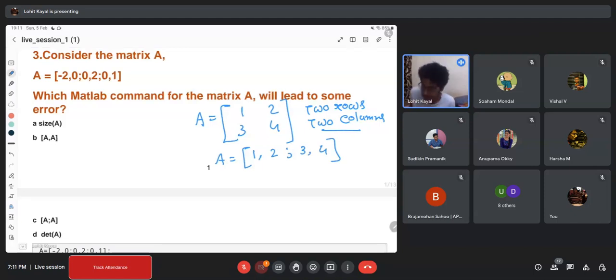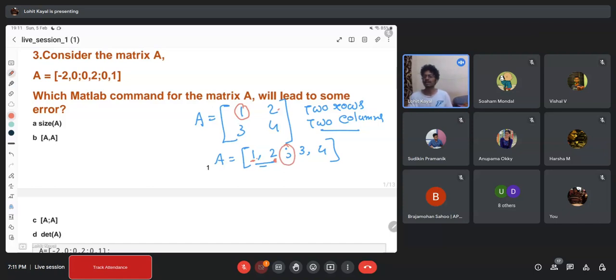Now what does it mean? Whenever you see a comma, it means that it is a column separation. Suppose this element is in the first column, this is in the second column, and I am writing it as 1, comma 2. Whenever there is a comma, there will be separation in column. Now when I write a semicolon, it means a new row.